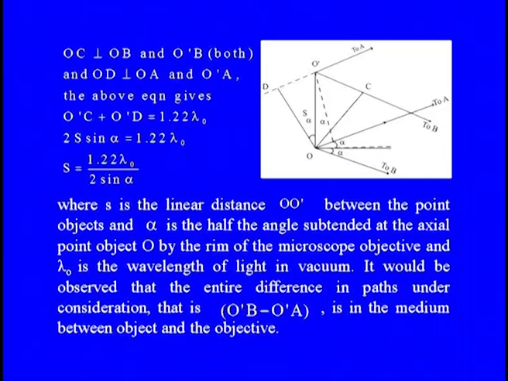It would be observed that the entire difference in paths under consideration, that is, O prime B minus O prime A, is in the medium between the objects and the objective. The above equation gives the linear distance S between the just resolvable objects.